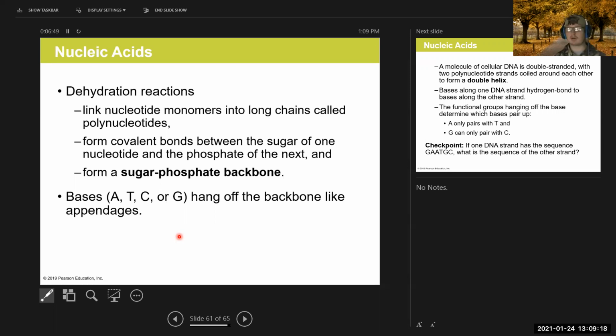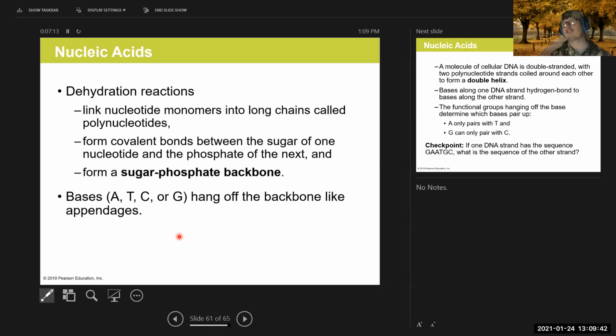And the monomers, remember, are the nucleotides, and the polymers are the nucleic acids, so those polynucleotides. And again, these monomers are put together through bonds that form between the phosphate group of one nucleotide and the sugar molecule of an adjacent nucleotide.